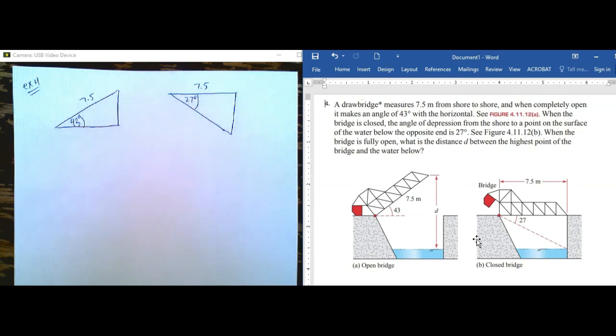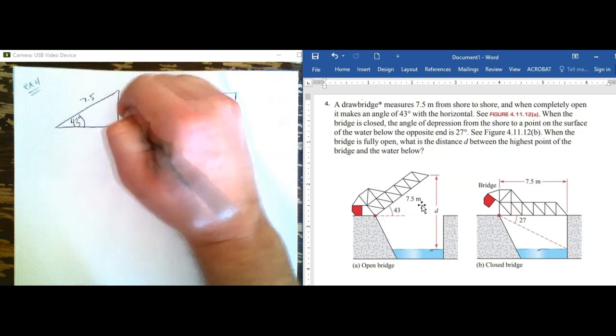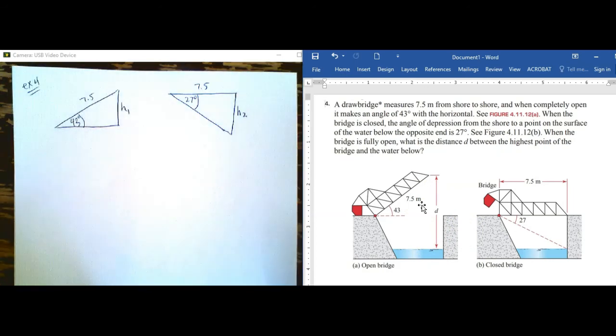So what do we need? Well, if we notice, the distance that we're looking for here is simply the sum. Let's say here's height 1 and height 2. If we add this height from the horizontal to the top of the open bridge and this distance from the water to the closed bridge, then we get the entire distance.